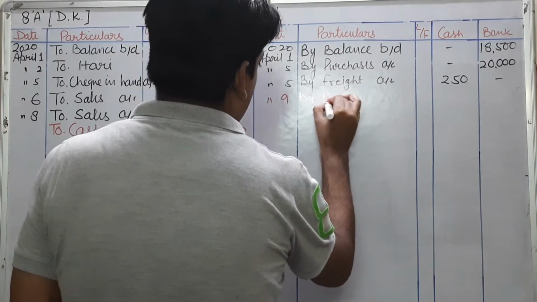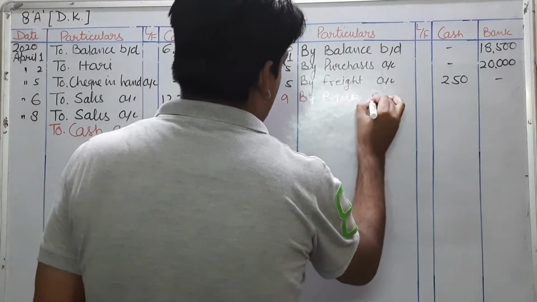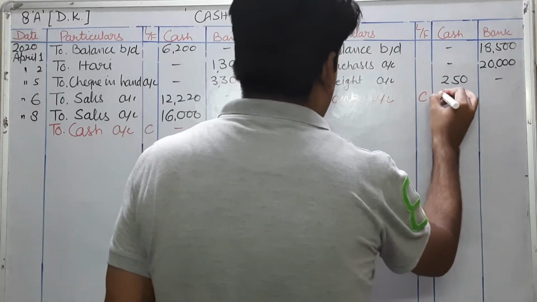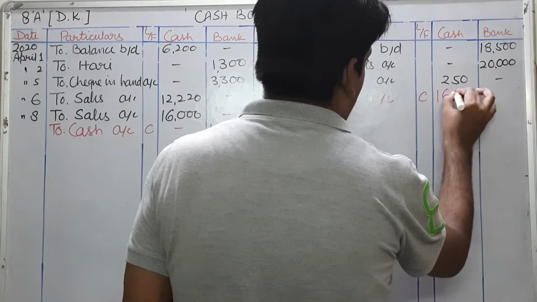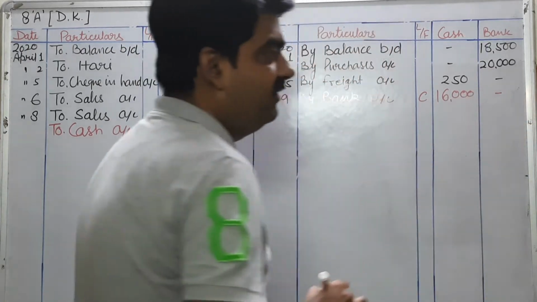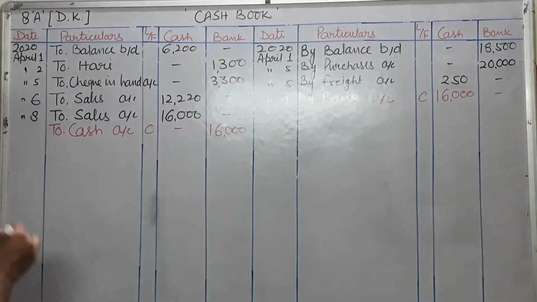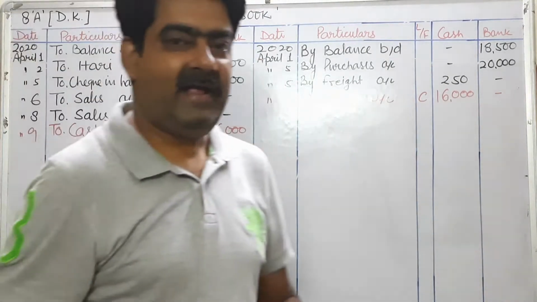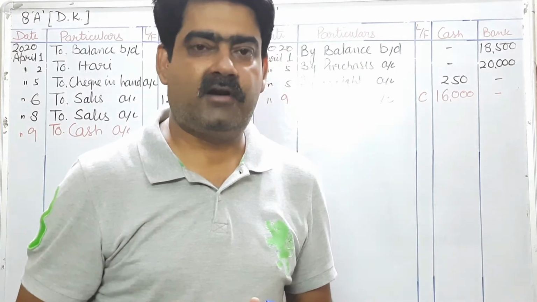In the credit side, by bank account contra, and 16,000 will come in the cash column, and nothing will come in bank. Okay, on April 9. So like this we will write the treatment of a contra entry.